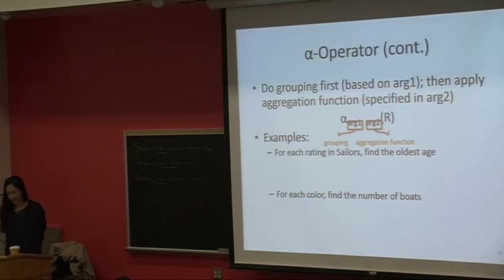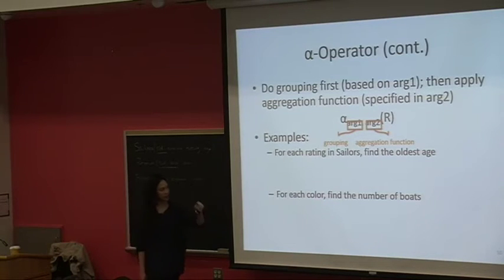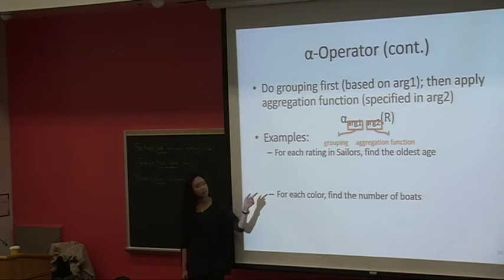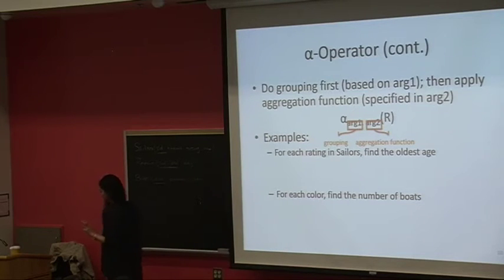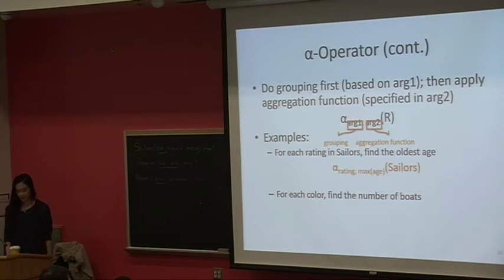Rating? Yeah, right? Because we want to group by rating, so you will first say alpha, and the first argument will be rating. So then we group the sailors by ratings first. And what would you do to find the oldest age among each group? Maximum, max age, yeah. So that's it.